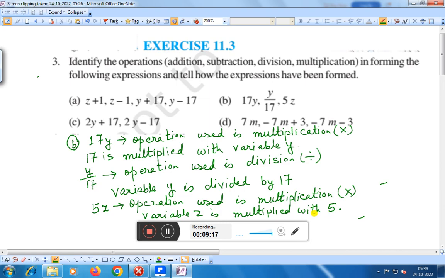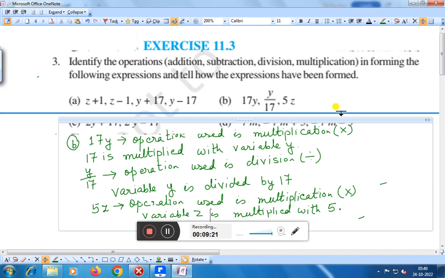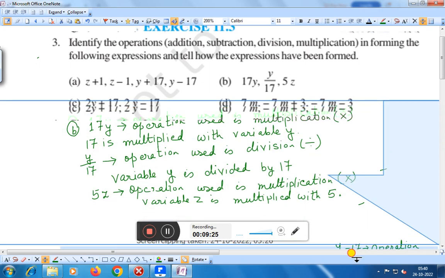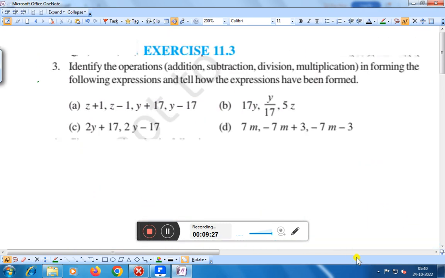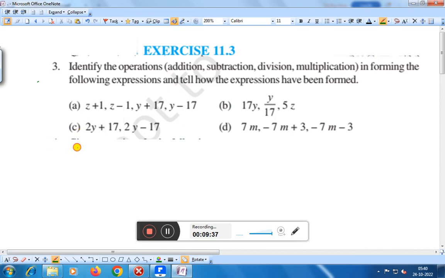Now we shall solve question number C. Question number C is 2y plus 17.